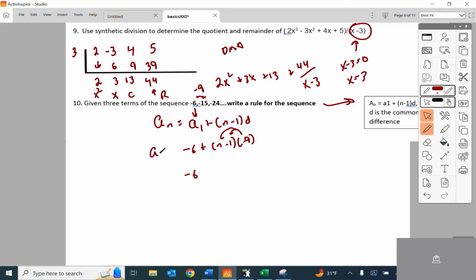Some of y'all's is just your syntax. You have bad syntax. Negative 9 times n is negative 9n. Negative 9 times negative 1 is positive 9. And when we put things together, we'll have negative 9n, and negative 6 and 9 makes 3. That looks really horrible, doesn't it? Negative 9n plus 3. There we go. That just looks bad.